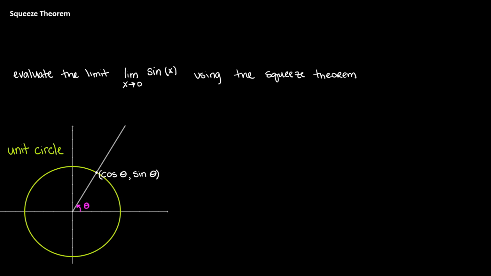So for some angle theta, we could imagine that the ray, which started on the x-axis, rotated counterclockwise, and it intersects the circle at some point, and that point can be described as cosine theta for the x-coordinate, sine theta for the y-coordinate. Now that means sine theta is actually the vertical distance from the x-axis straight up to that point that we see on the unit circle.